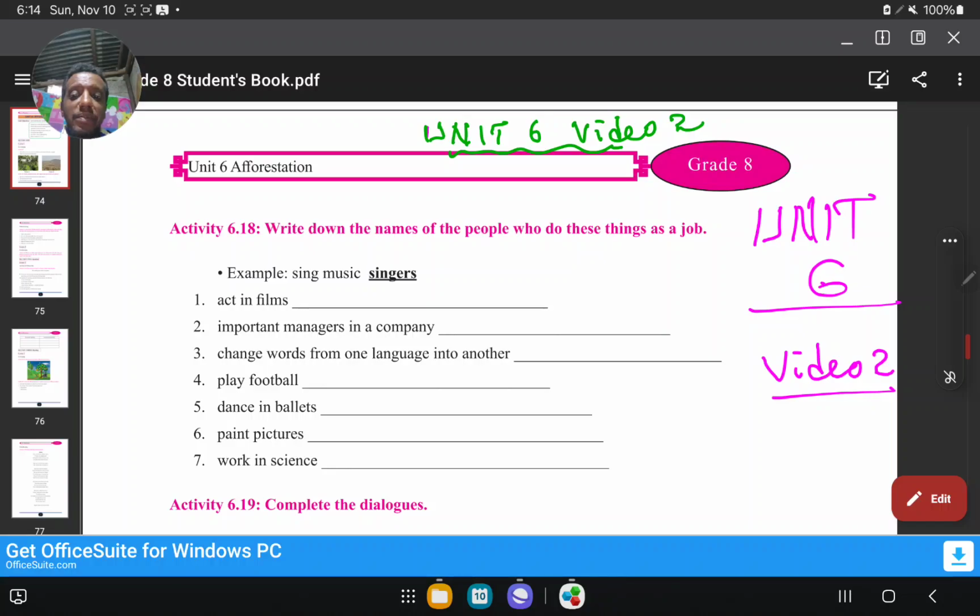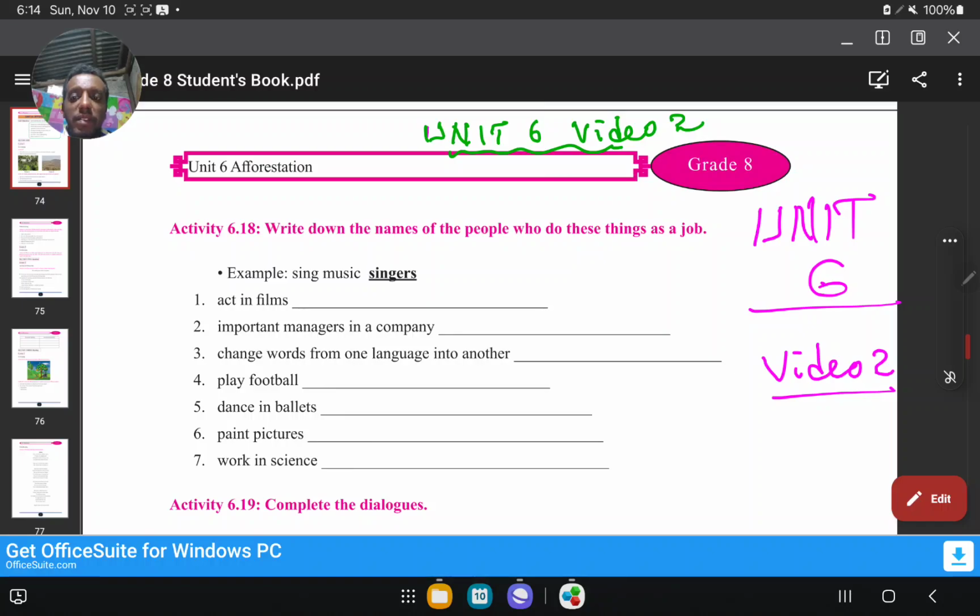Act in a film, yeah, act in films. Actor or actress. If someone is a female, we can say actress or actor for male, yeah. Important managers in a company, yeah. Important managers in a company.